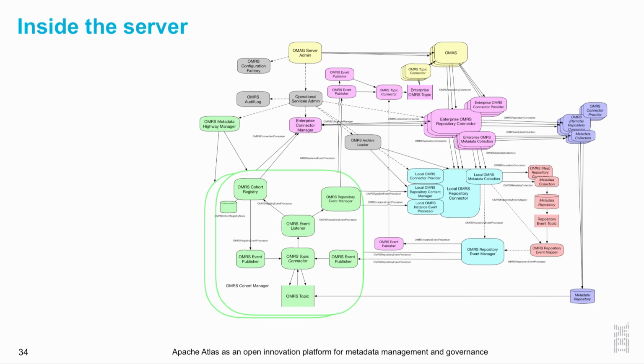And then when we start the server up, each of these pieces are started up or not, depending on how it's configured. But basically, we do a lot of passing of messages. So this is communication with the other members of the other metadata repositories, and so we might get events coming in, and they're passed through here to the local repository, or up to the enterprise access, the Open Metadata Access Services.